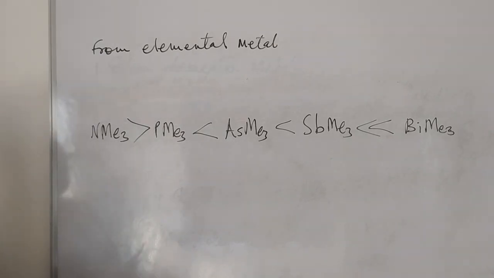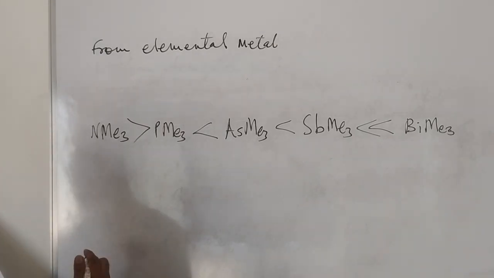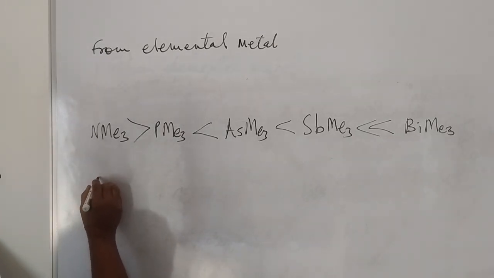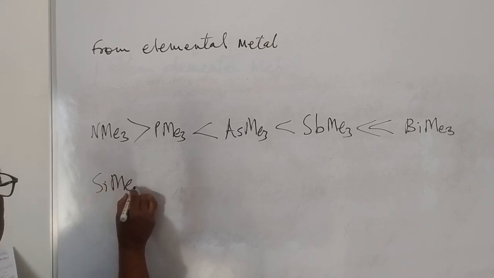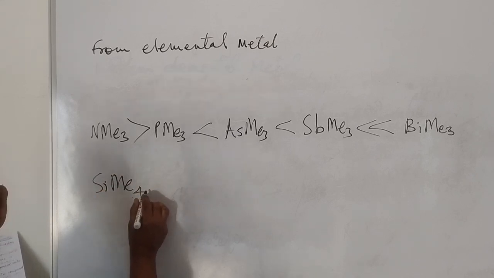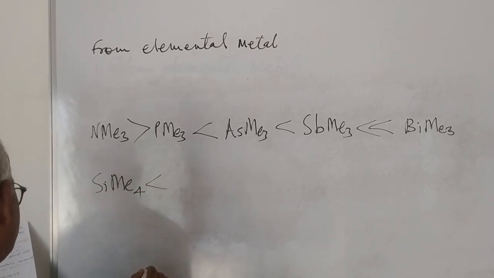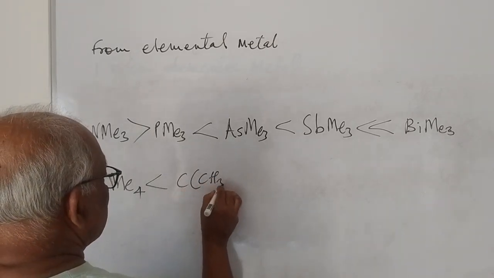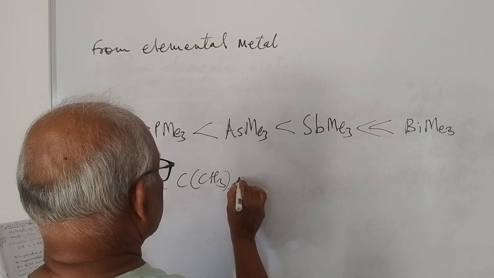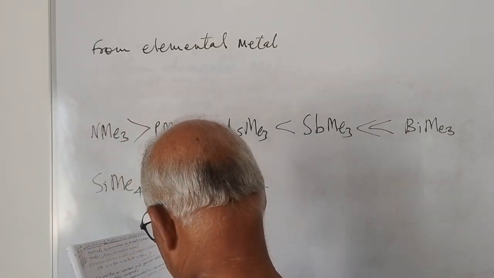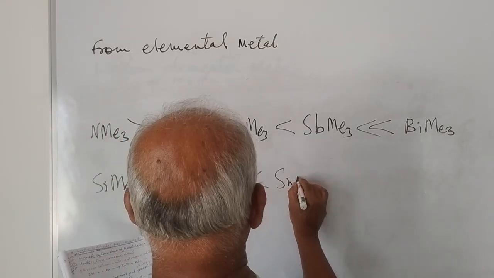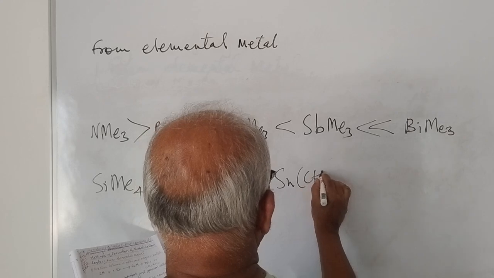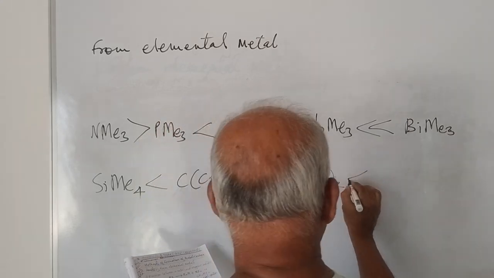Similarly, if we take another group, group 4, there is silicon, whose driving force is minimum. Then there is C(CH3)4. Then there is Sn(CH3)4.